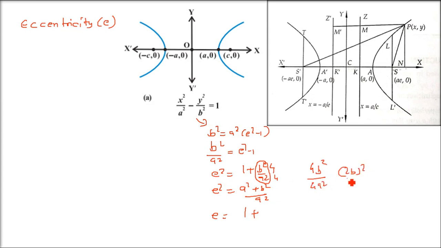Now you can write it as 2B whole square over 2A whole square. This 2B is, as I just suggested, the conjugate axis, and 2A is the transverse axis. So E equals under root of 1 plus conjugate axis whole square divided by transverse axis whole square.